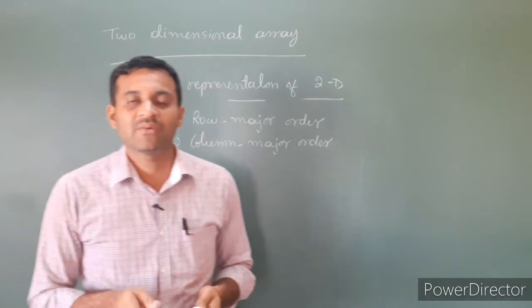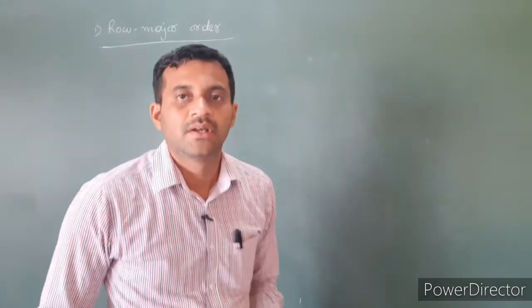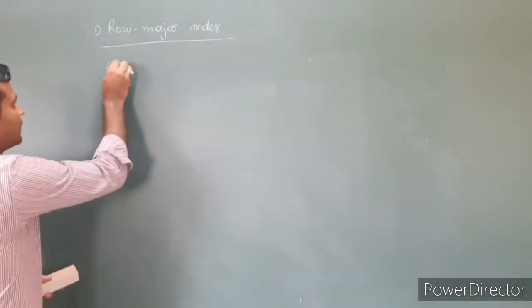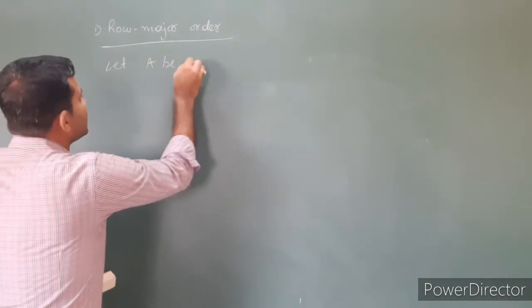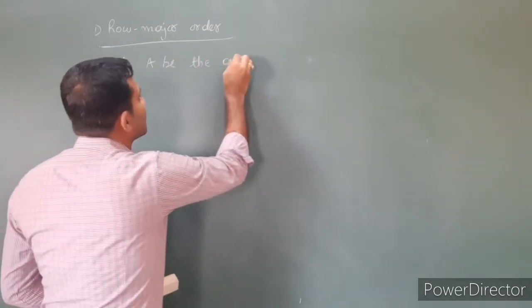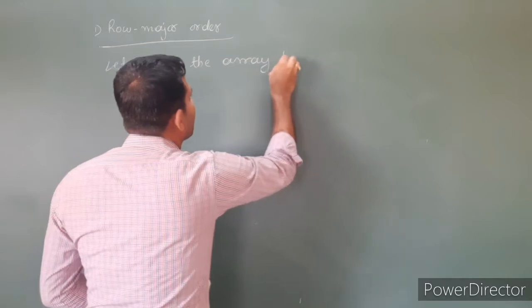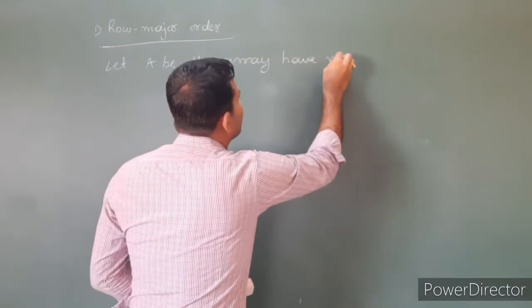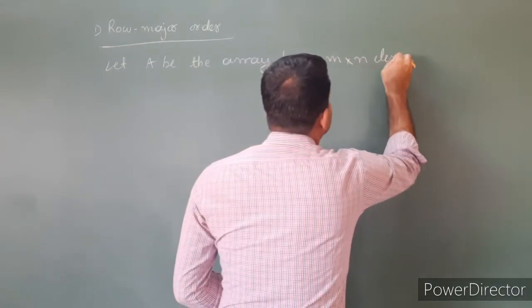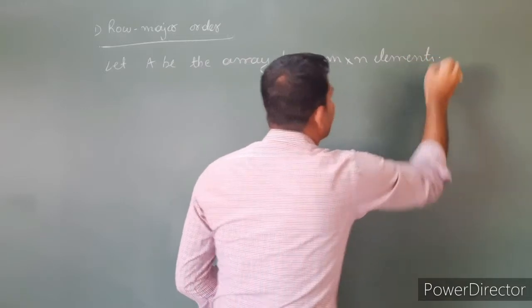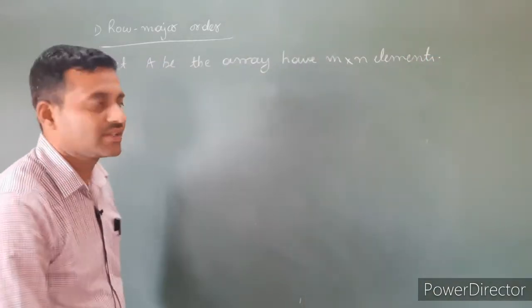Let's discuss one by one in detail. Let A be the array having m cross n elements.